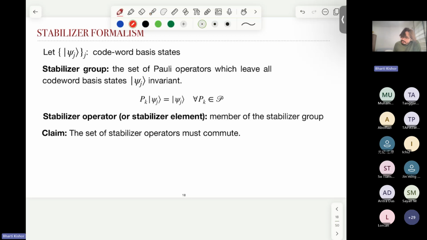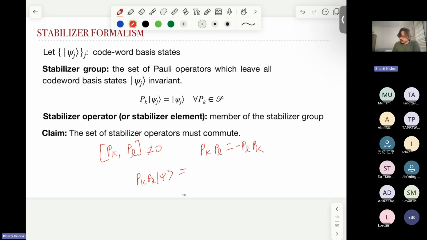A simple claim one can make is that the stabilizer operators must commute. That is easy to see: let one element be P_K and another P_L, and let's say they don't commute. Pauli operators either commute or anti-commute, so assume they anti-commute. Now apply P_K P_L on some psi, a codeword basis state.